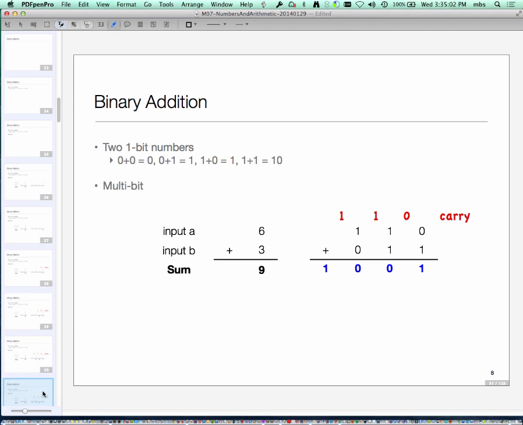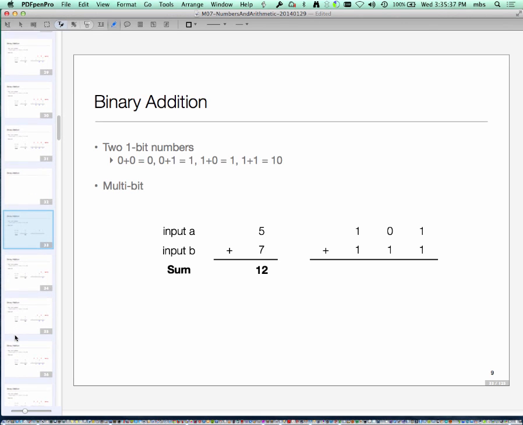So my total output becomes 1001, which makes sense because 1001 is 8 plus 1, 9, which is what we expect. So you have to replicate the decimal addition process, but now you are working with bits. Your carries could have the value 0 or 1, and when you are adding the next bit position, you have to add them together.